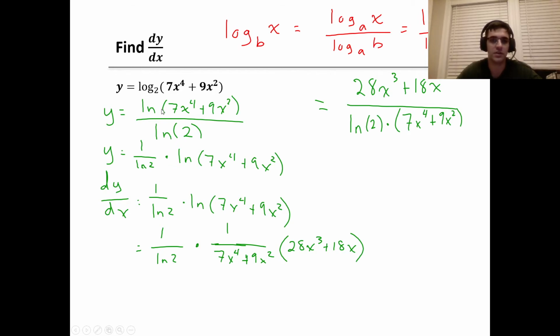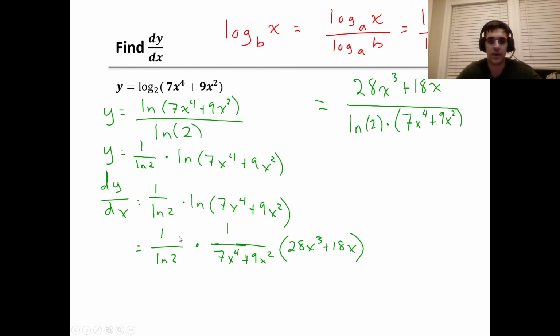So I'm going to separate this fraction as 1 over natural log of 2, a constant value, times the natural log of our polynomial. When I take the derivative, this constant will just remain, so I can tack it on at the end and take the derivative of the natural log function, which of course is a chain rule. So I'll have 1 over this polynomial times the derivative of this polynomial.